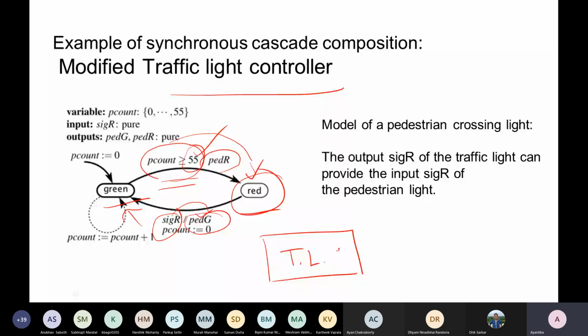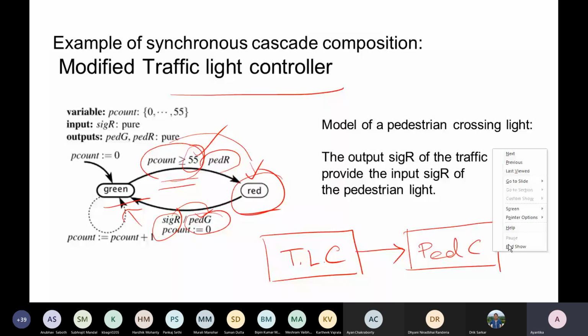Okay. That means now you can understand that this traffic light controller is giving input to your pedestrian controller, and that input is sig R. Okay, that means they are connected in a cascaded way.